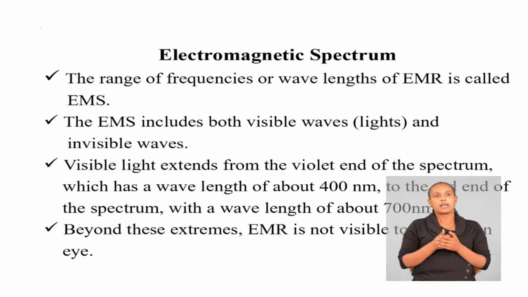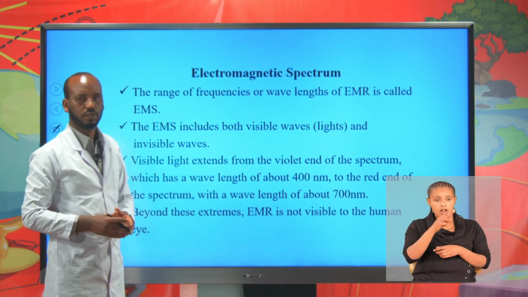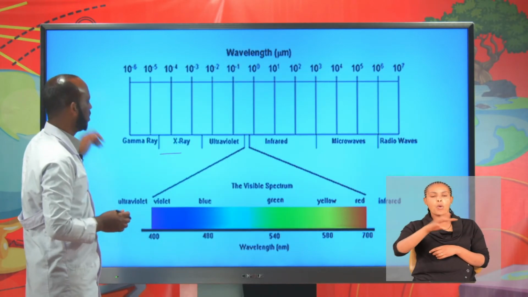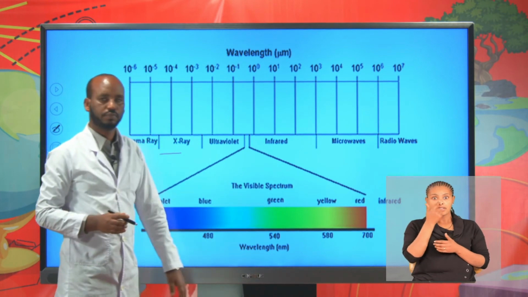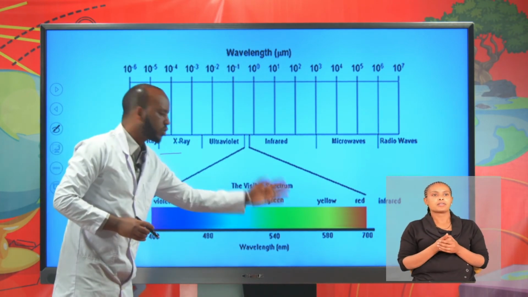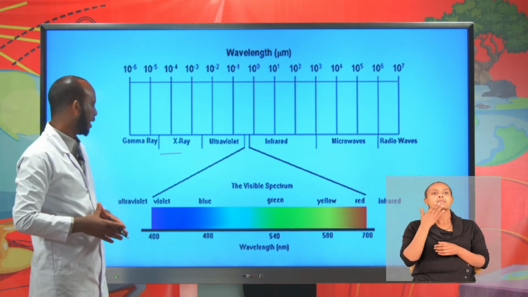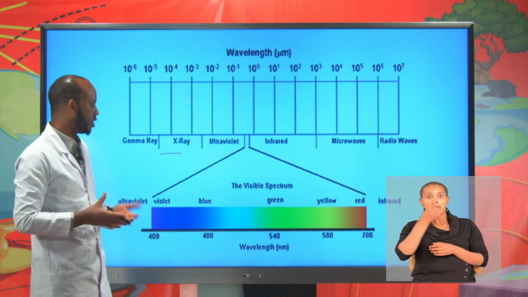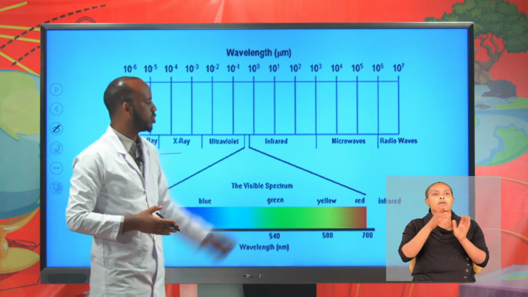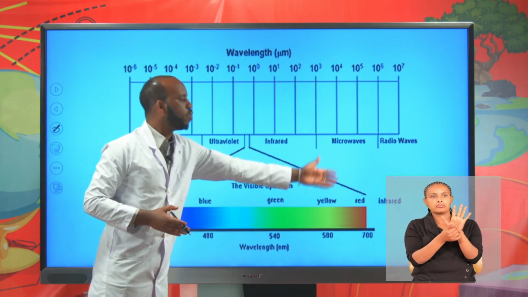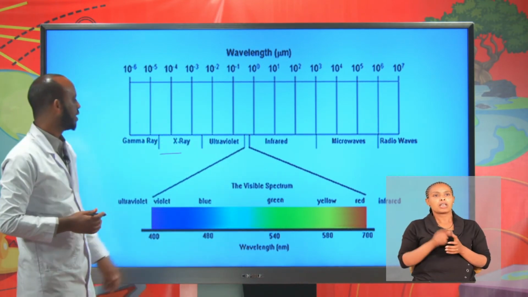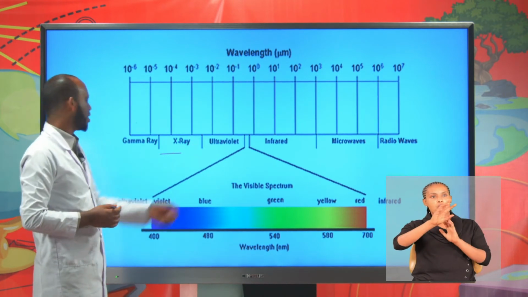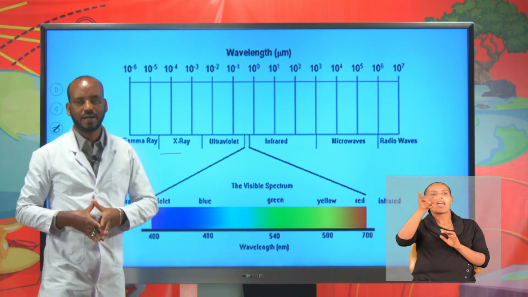The electromagnetic spectrum includes both visible waves, the visible spectrum, and invisible waves, invisible radiation, such as infrared, microwave, TV wave, radio waves, UV, X-ray, and gamma rays.